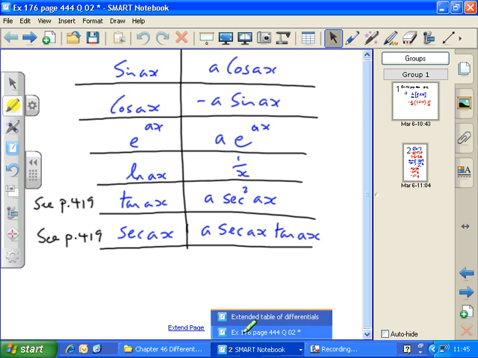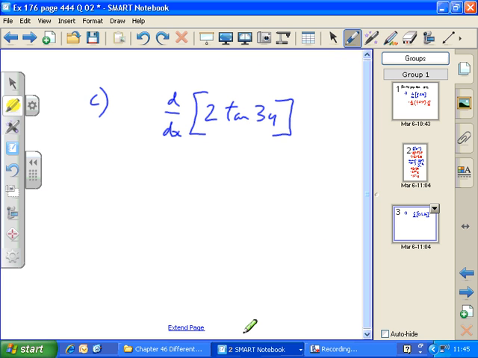So we've got the tangent function. Differentiate with respect to y tangent 3y and multiply that by dy by dx.